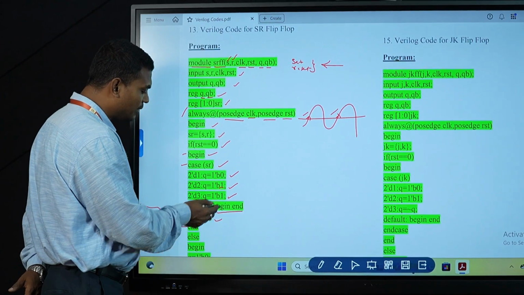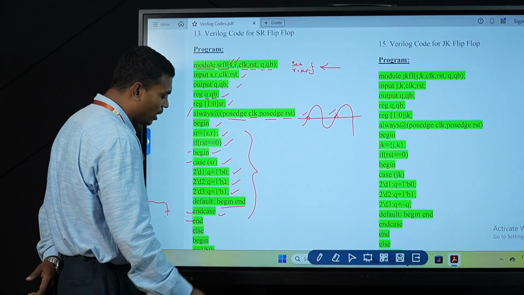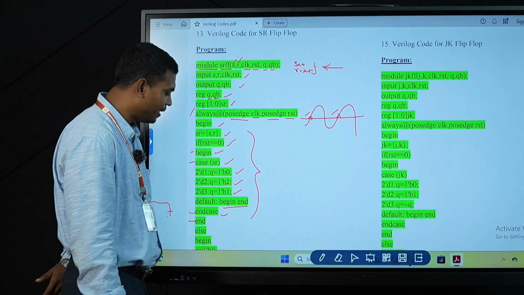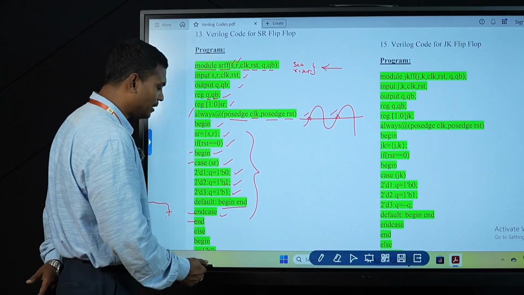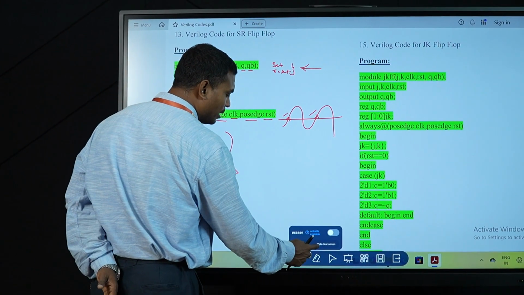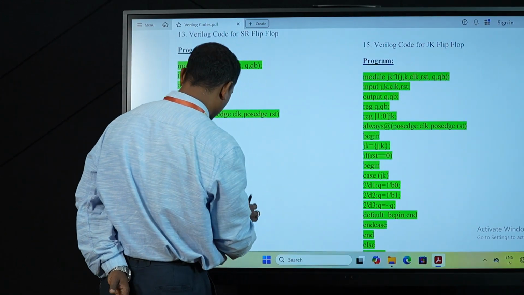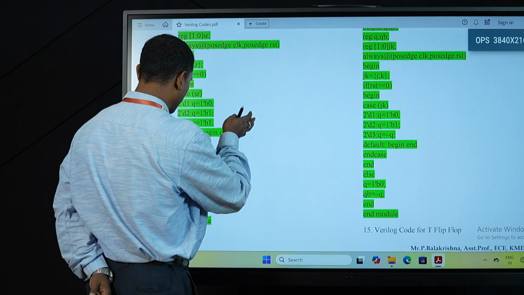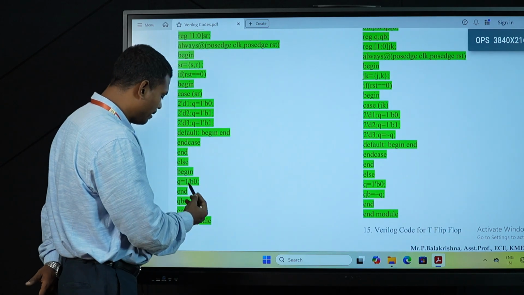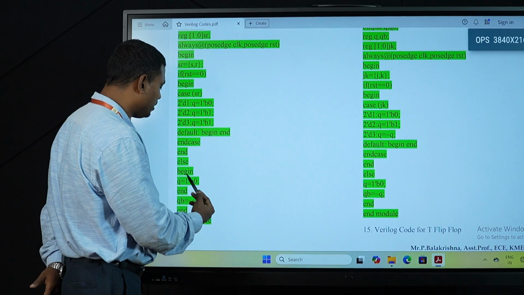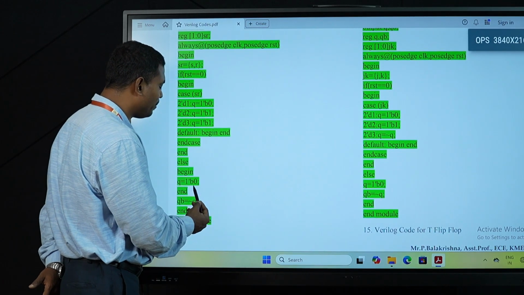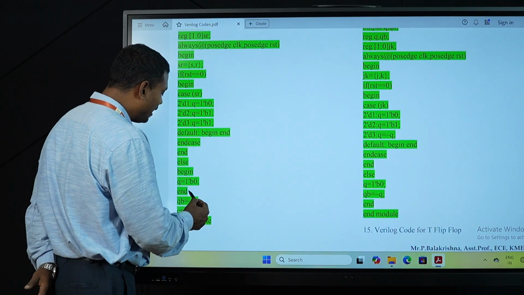Now else, if all these cases are not matched, what is the else case? Let's observe how those values can be read. Now you see here, in the else I am taking begin Q equals 1'b0, meaning a 1-bit value of 0, and I am ending my process.